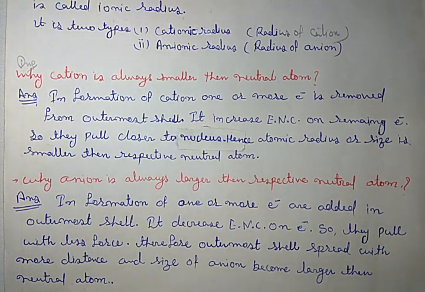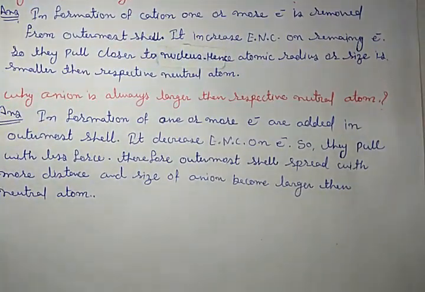Got it? Similarly, why is an anion larger than the respective neutral atom? In the formation of an anion, electrons are added, and because of the addition of electrons, effective nuclear charge will decrease. Suppose there are 6 electrons and 6 protons, and we add 2 more electrons. The first condition is 6 protons and 6 electrons, and the second condition is 6 protons and 8 electrons.